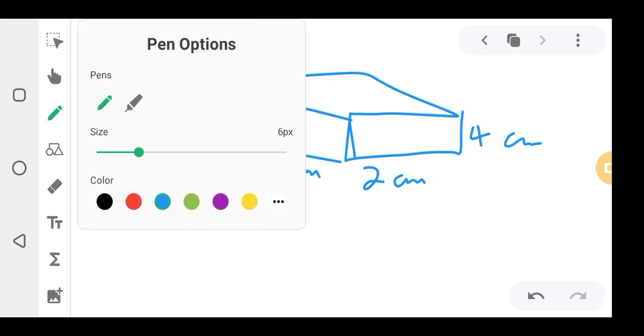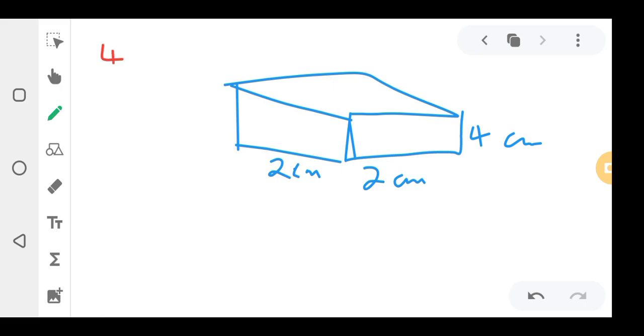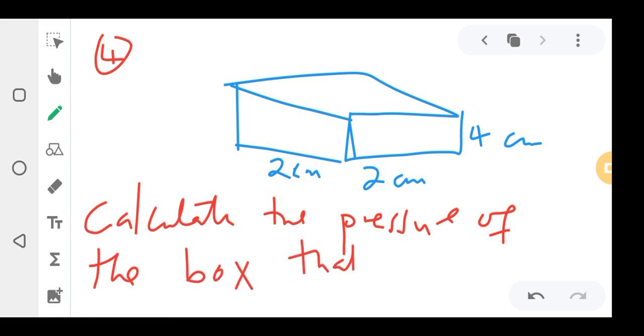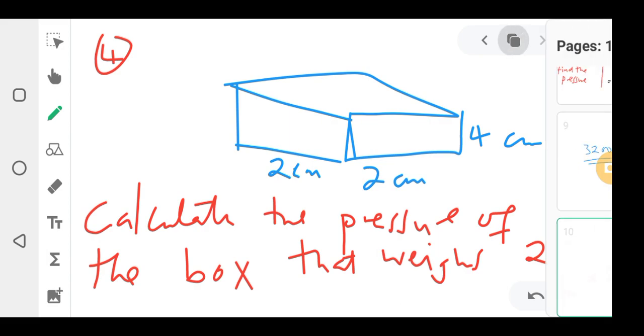I don't know if it's example 4 or something. And then they can say calculate the pressure of the box that weighs 2 newtons.